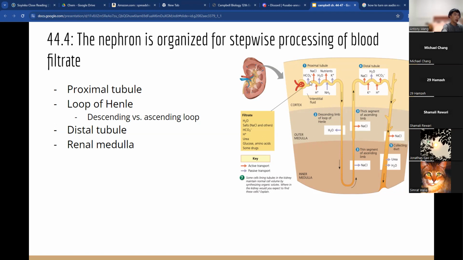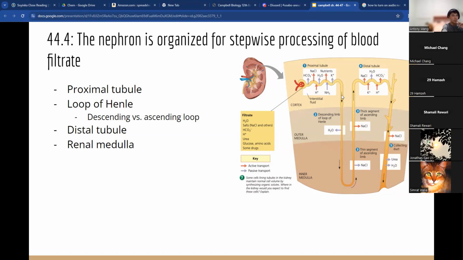Well, if you have the filtrate that is going through the proximal tubule, and then it starts descending through the loop of Henle, as it goes down, the surroundings will become more and more concentrated relative to the inside. As a result, water will keep on leaving the tubule because of osmosis.